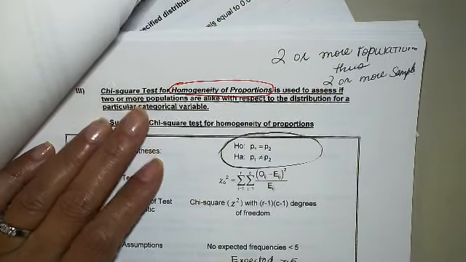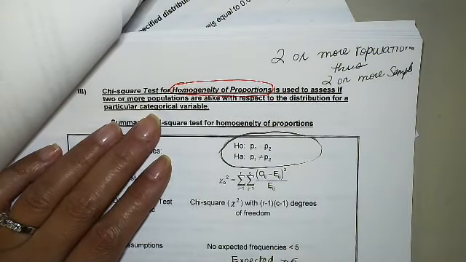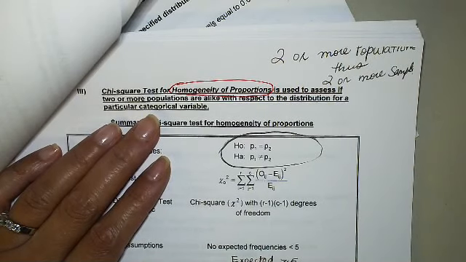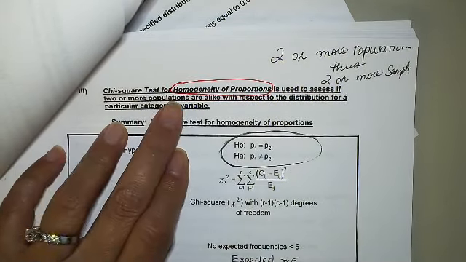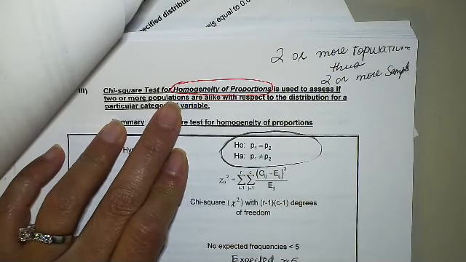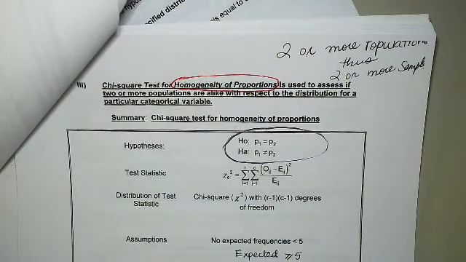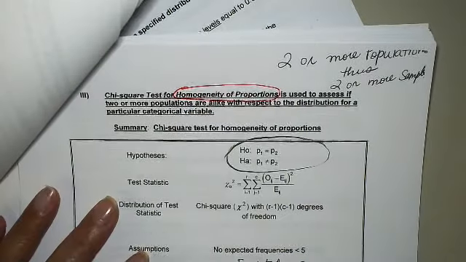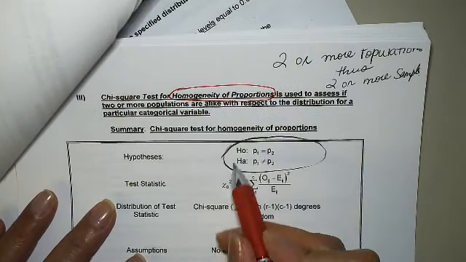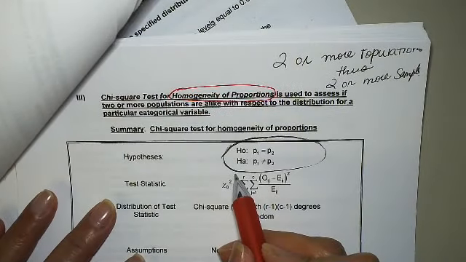But this time, it's from two populations or more, and therefore 2 or more samples. So every other test so far was on one sample from one population. And it's not the case now.